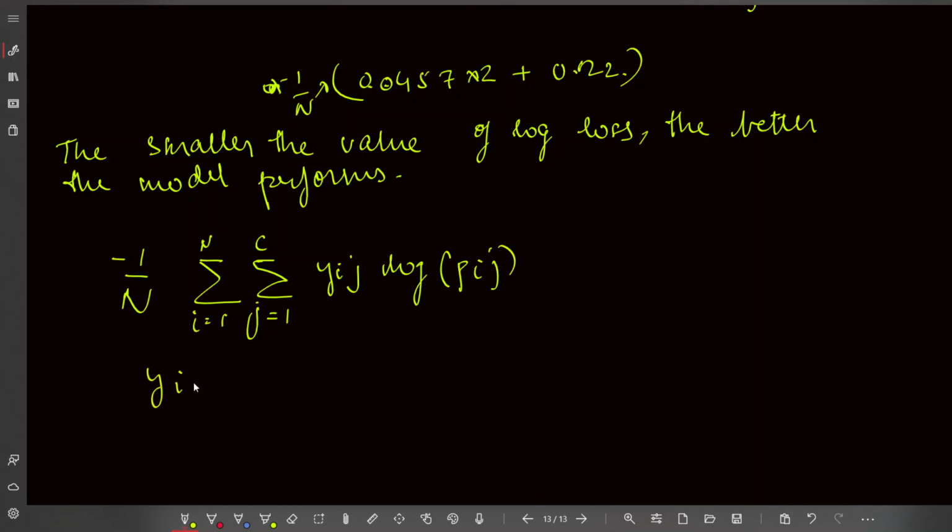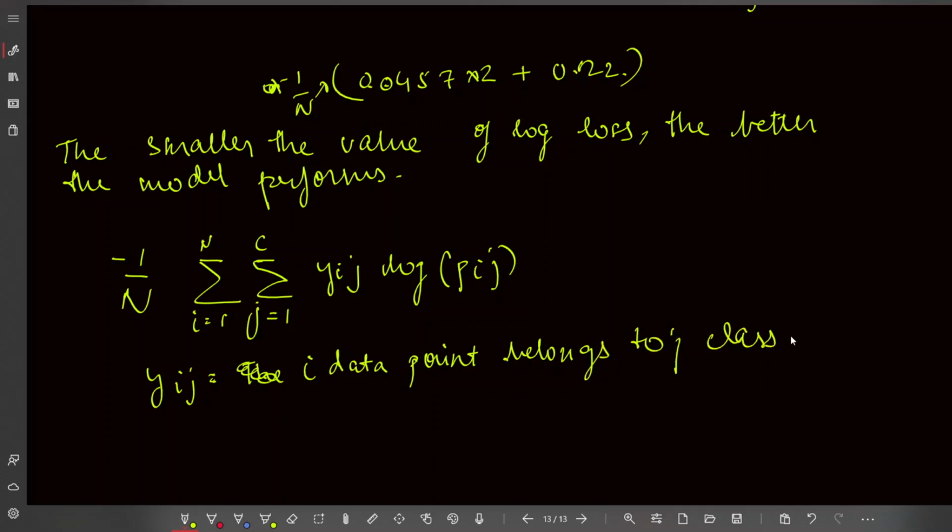Yij is basically saying that my ith data point belongs to the jth class. And Pij is the probability that the ith data point belongs to the jth class.